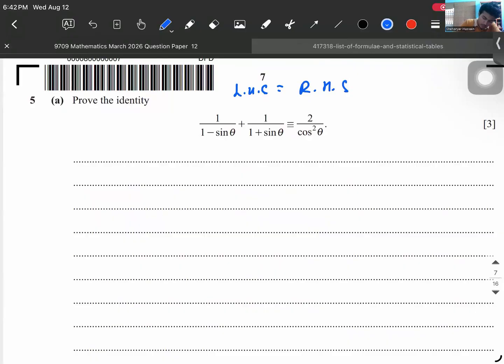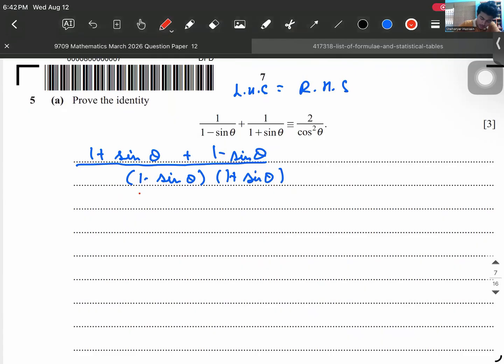Okay, so we have over here 1 plus sine theta plus 1 minus sine theta. Basically, we just took the LCM upon, this is being multiplied with 1 minus sine theta into 1 plus sine theta. Now, the denominator is just a minus b, a plus b, right?